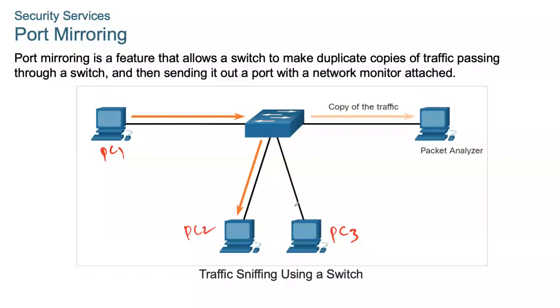Now tell me, is this infrastructure a private network or a public network? It's a private network. It is using one switch and all the end devices are connected to the switch. It is not connected to the public network. To connect to the public network, the switch must connect to your router, and then from the router it connects to the public network.